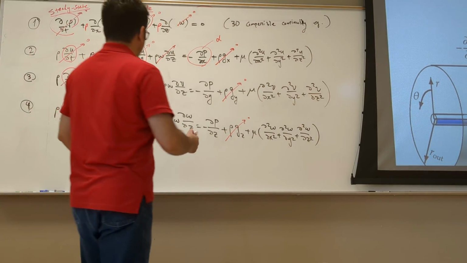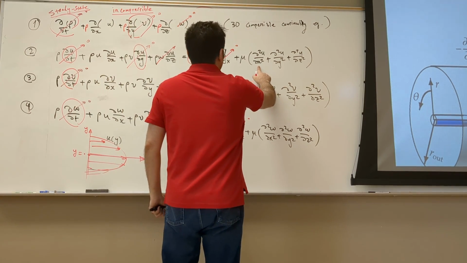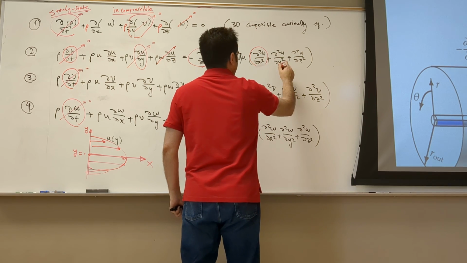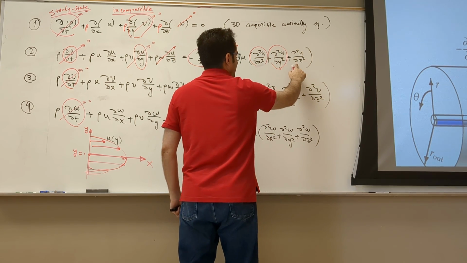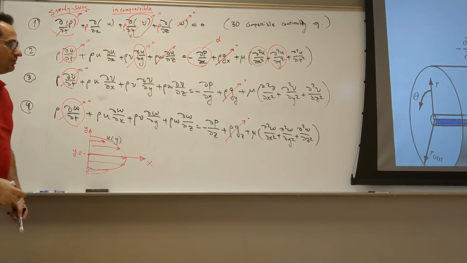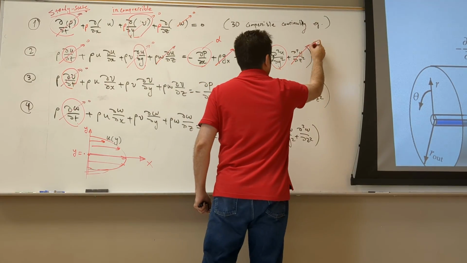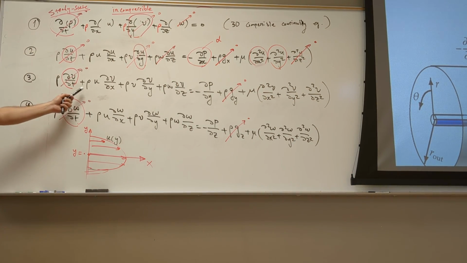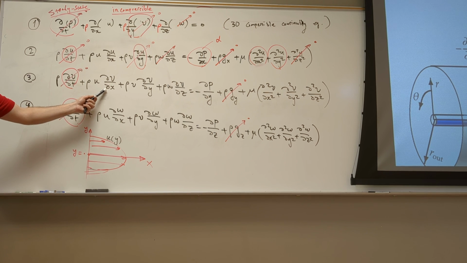Now let's talk about these terms. This term, I don't know right now. This term also, I don't know. But what about this term? Zero. In the z direction, there is no change in the pattern of u. Now let's go to these terms. Do I even have velocity v?